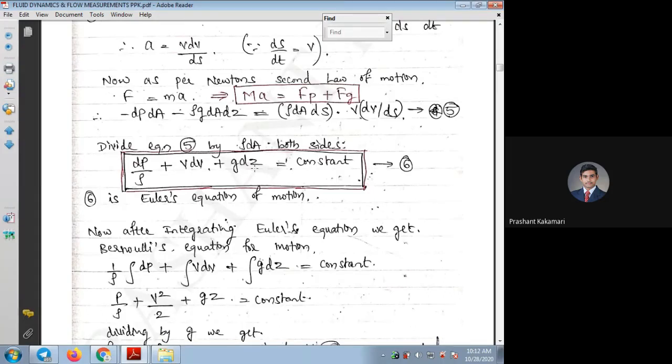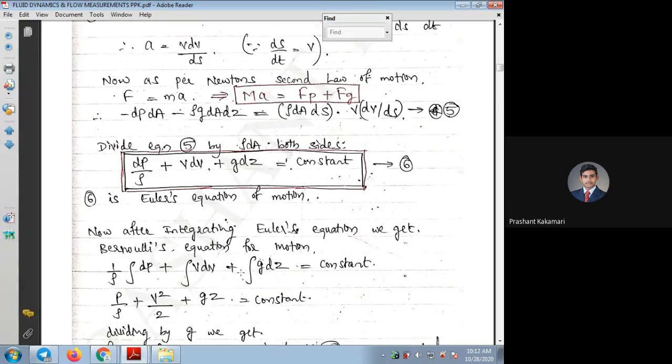Considering that, one can assume the density of a given liquid remains constant throughout the flow. That value we have taken outside: 1 by rho integral of dP, plus integral of V dV, plus G times integral of dz, with G taken outside.